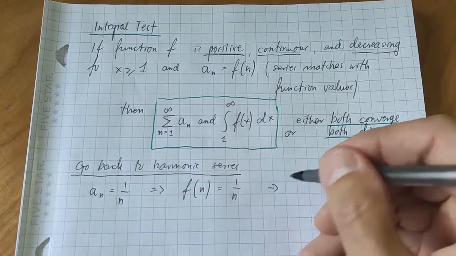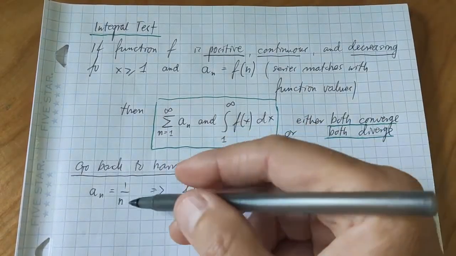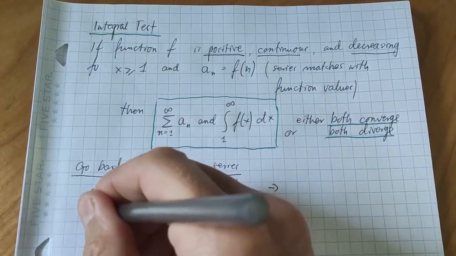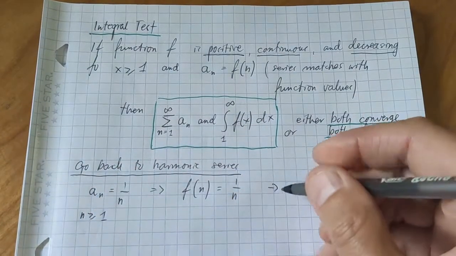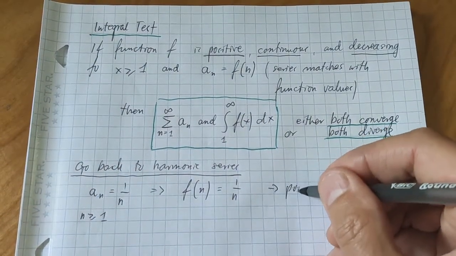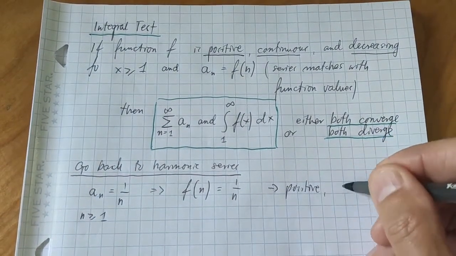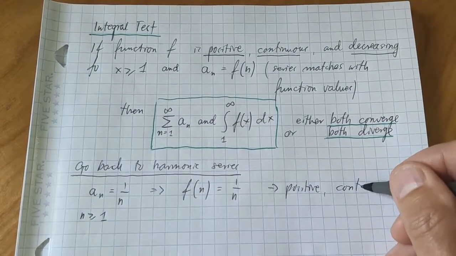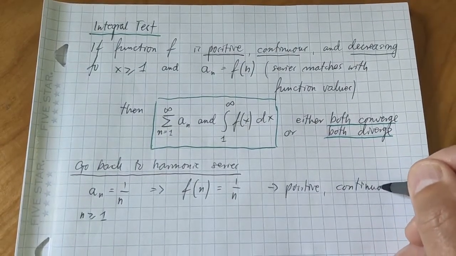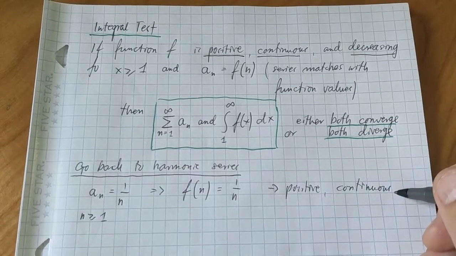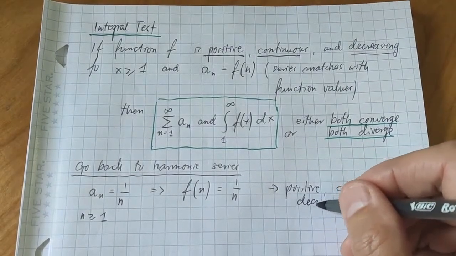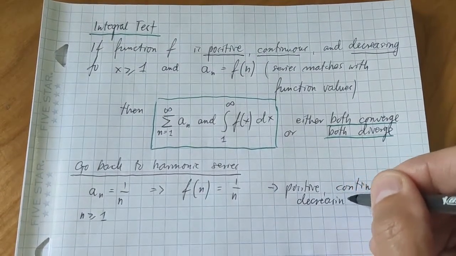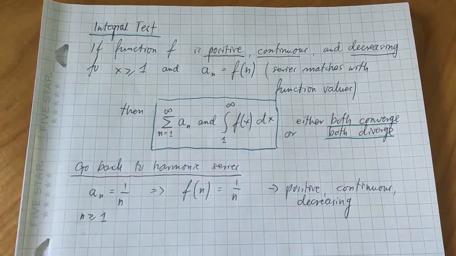If n is greater or equal than 1, then the function is positive. Well, definitely continuous. And decreasing. We saw the graph a minute ago.